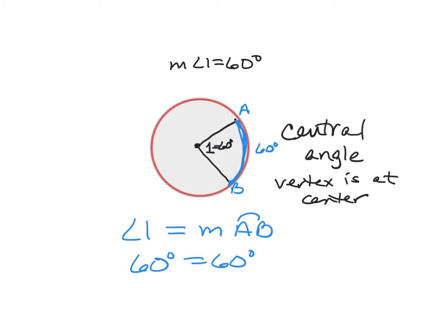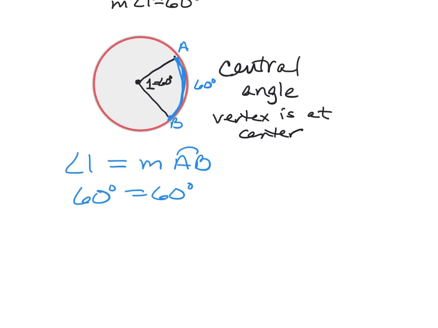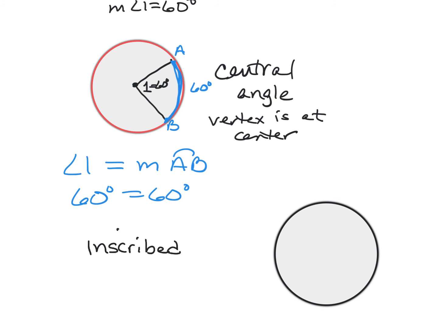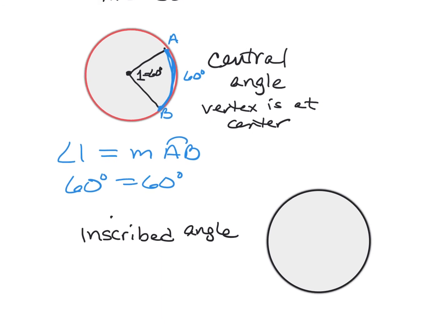Then the next type of angle we learned about was an inscribed angle. So let me draw one of those. So if I have my circle here, remember the inscribed angle has its vertex on the side of the circle. So the vertex is on the side of the circle.